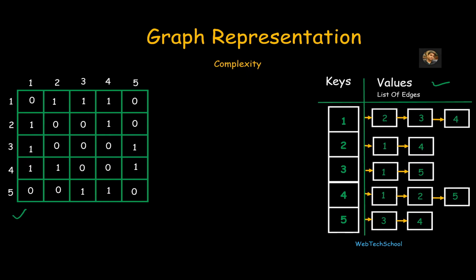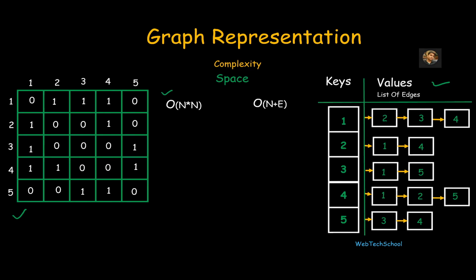Calculating the space complexity, in an adjacency matrix, we need to create a matrix of n cross n size. So the space complexity would be big O of n square, where n is the number of vertices in the graph. But in an adjacency list, we need to create a hash table to store the graph.